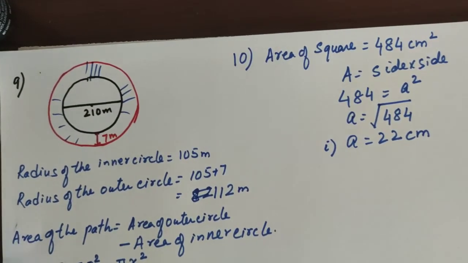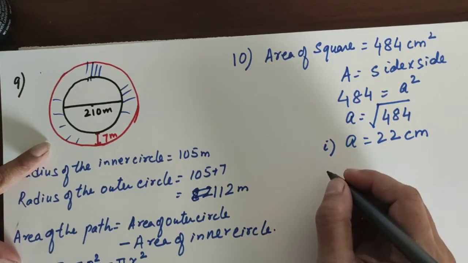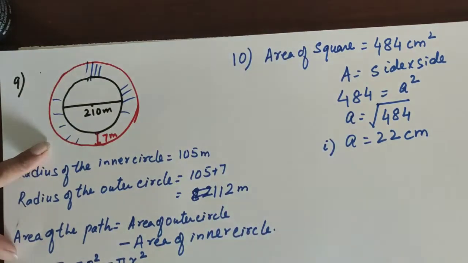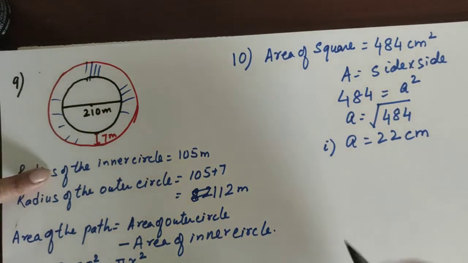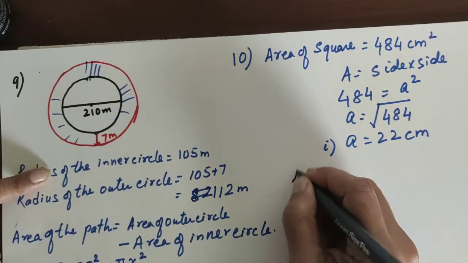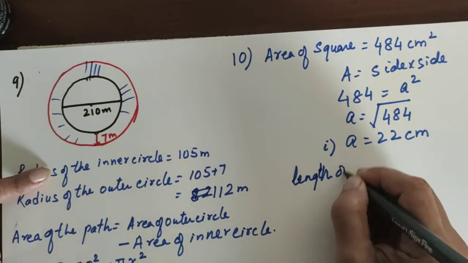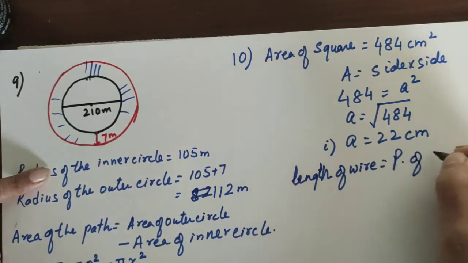Now the second part is asking you to find the length of the wire. How do we find the length of the wire? The length of the wire means the entire perimeter of the square. So we write it like this: length of wire is equal to perimeter of the square, right?